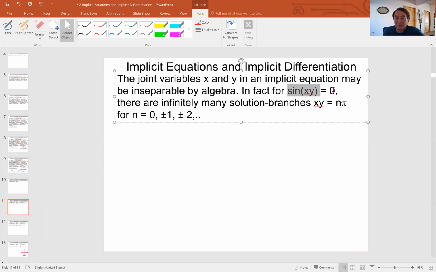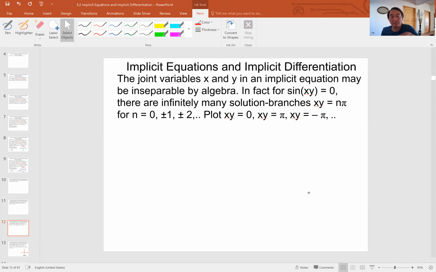The implicit equation sine of xy equal to 0 basically breaks down into the only possibilities that this can be true: xy is an integral multiple of pi. 0, 1 pi, plus minus 1 pi, plus minus 2 pi. So there are many equations. Any pairs of x and y that fit one of these equations is in the graph.